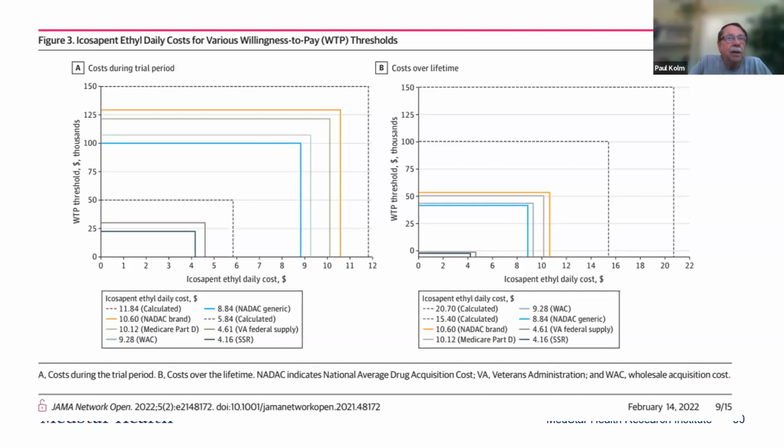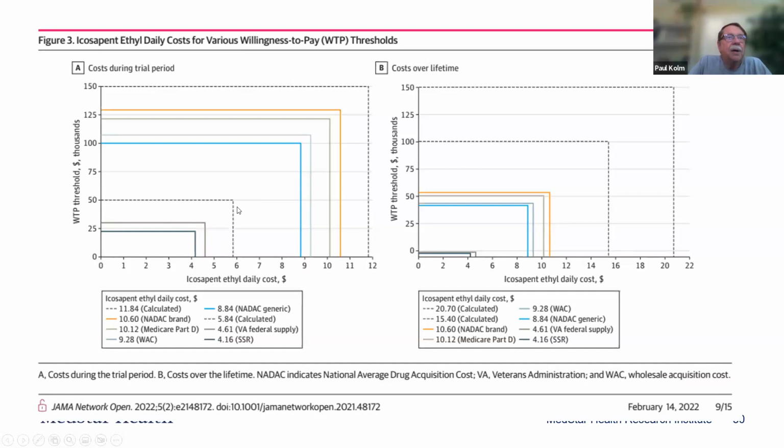What would be the incremental cost effectiveness ratio given these different costs? And so you can see here that our cost of IPE at $4.16 a day is like we had $22,000. If it was $4.60 a day, then it'd be probably somewhere around $30,000.